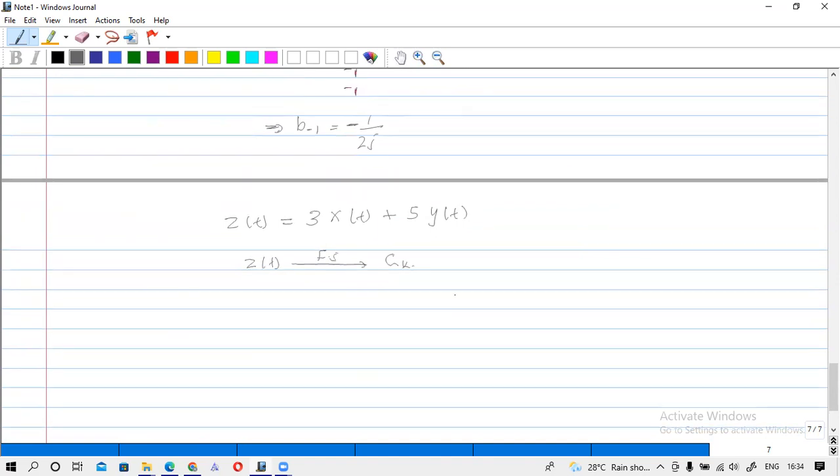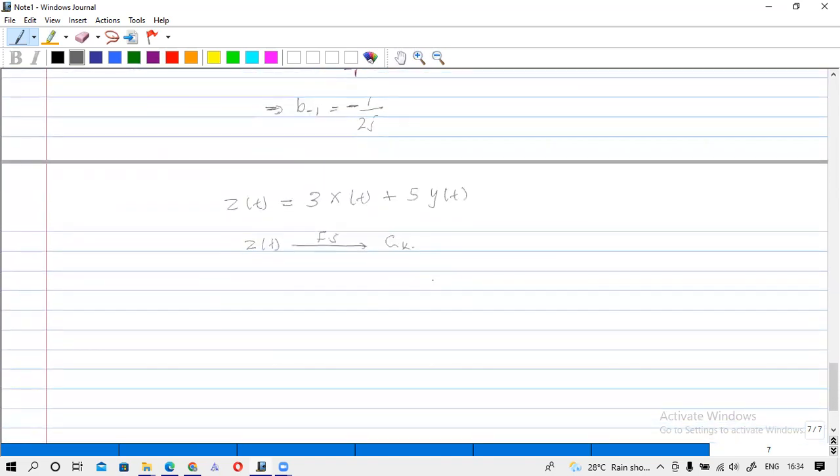Using this result, you have a1, a minus 1 for x(t), and b1, b minus 1 for y(t). So can you find Ck? You need not go through the Euler formula. You can use the linearity property. Try to find the Ck value using linearity.